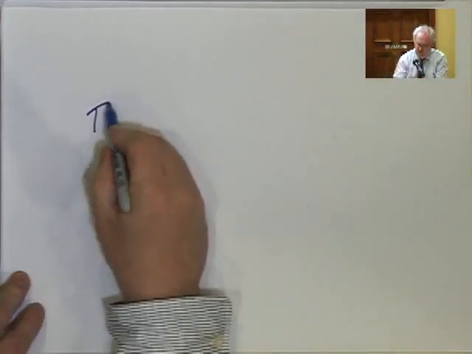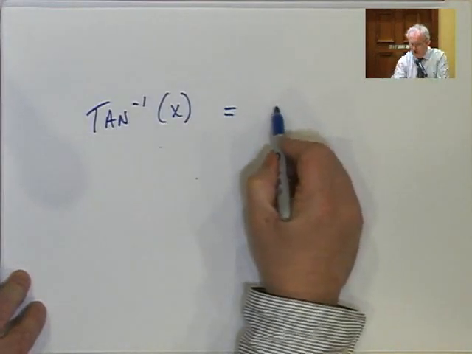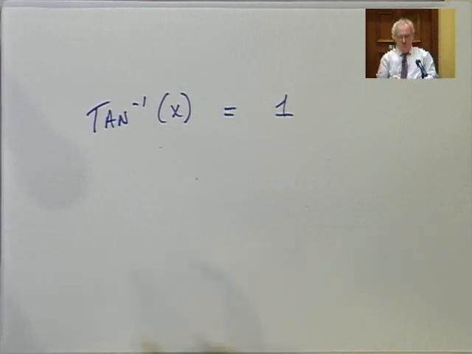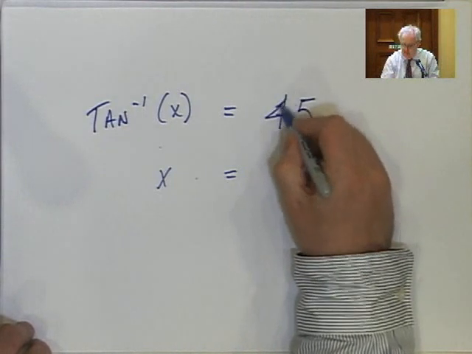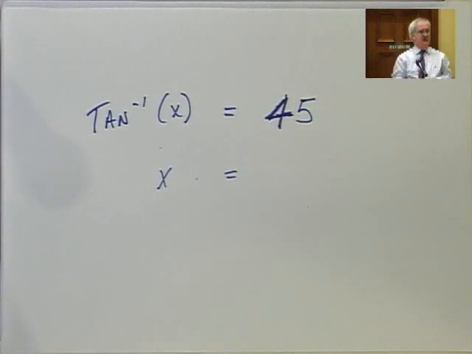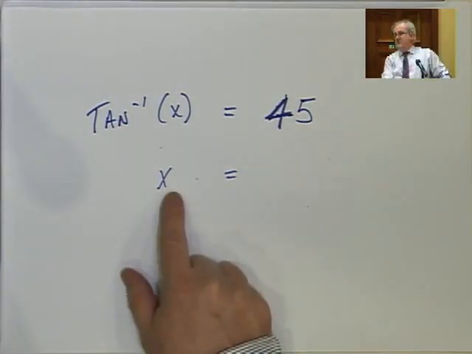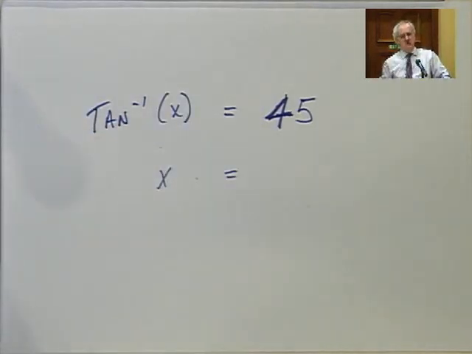Equally, if somebody said that the inverse tan of x is equal to, let's pick a different number, let's say 45. Could be any number. I want x on the left-hand side. How do I get rid of this inverse tan stuff? What's its twin? Tan.